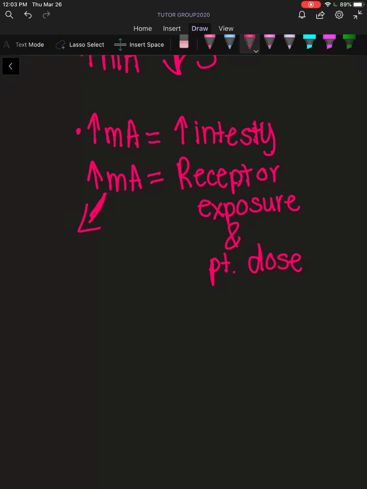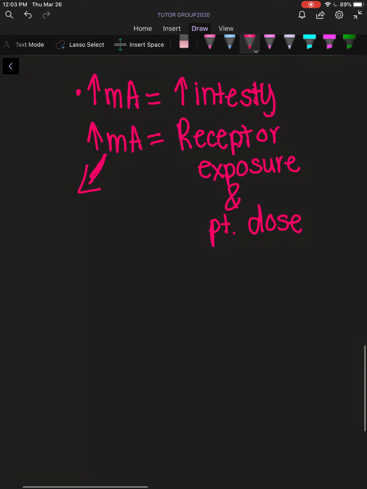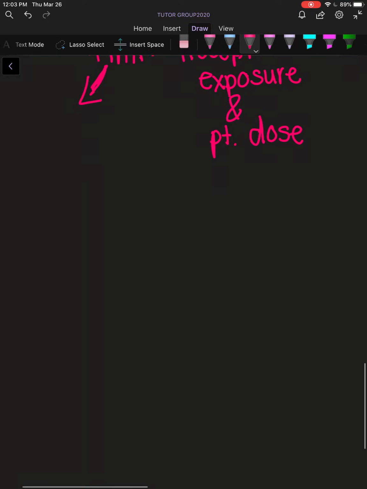So if we increase our mA, then we are going to be increasing the amount of electrons, correct? Correct.